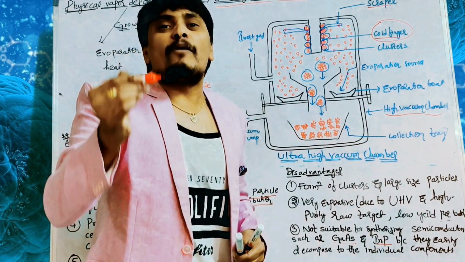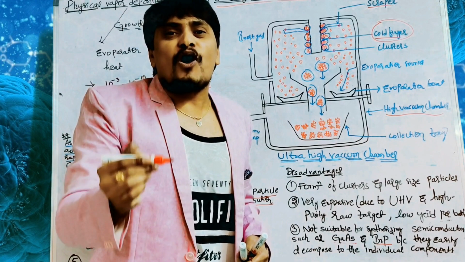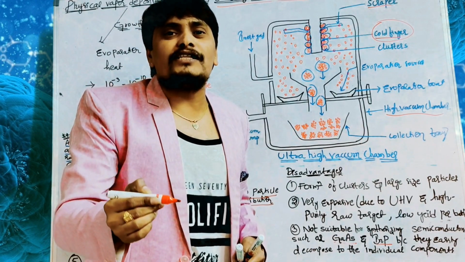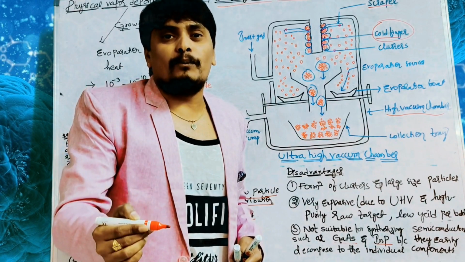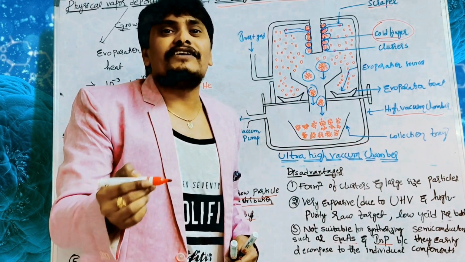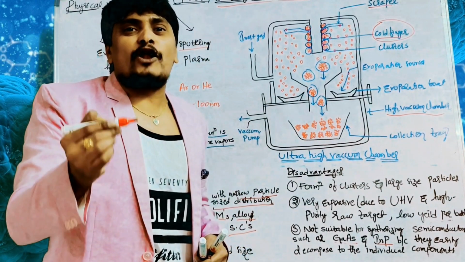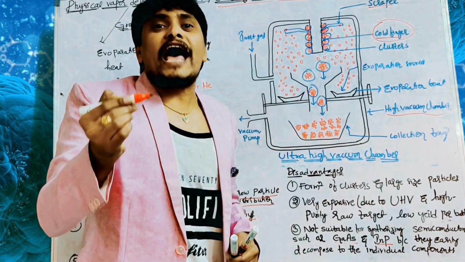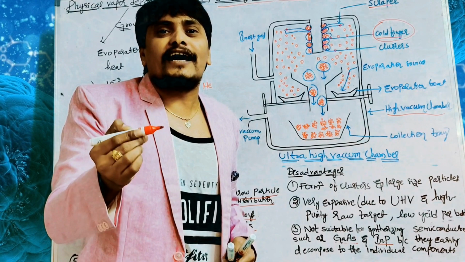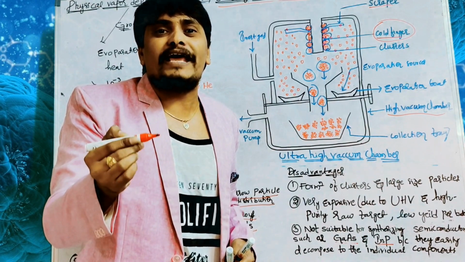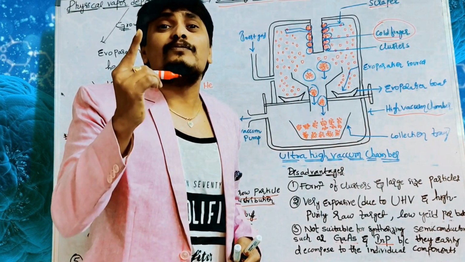So in order to avoid the oxidation of resulting nanoparticles, we have to maintain high vacuum conditions. That is the reason whatever nanoparticles, whatever nanoclusters are going to be collected, are collected in the collection tray which is being placed in the high vacuum chamber.